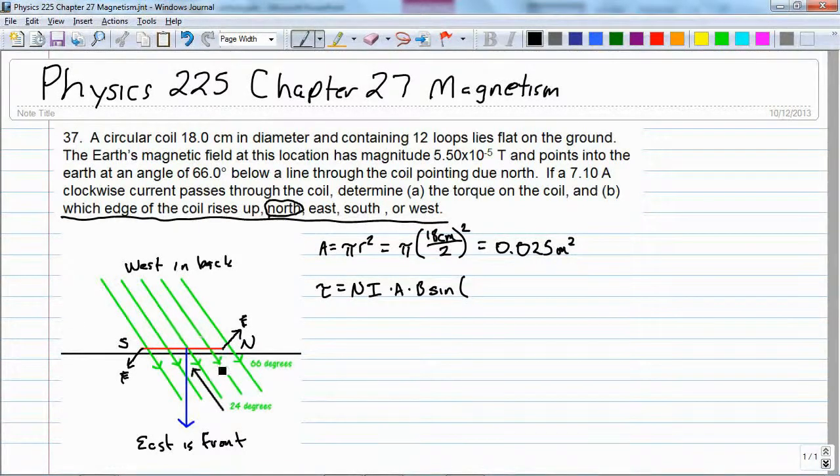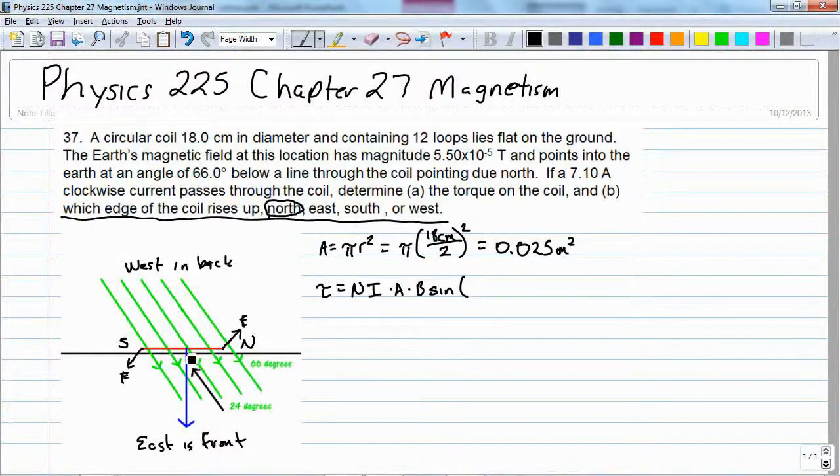The angle that the magnetic field makes with the Earth's surface is 66 degrees. This is not the angle that we need. We need the angle between the magnetic field and the area vector of the surface.